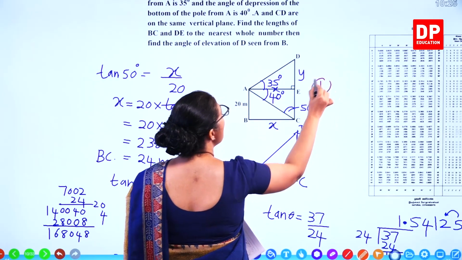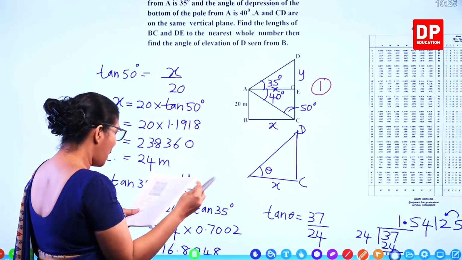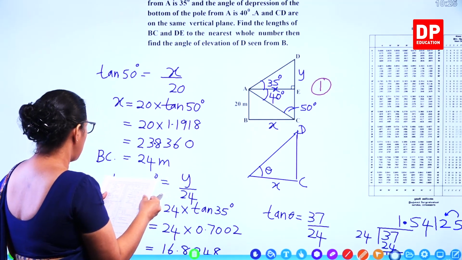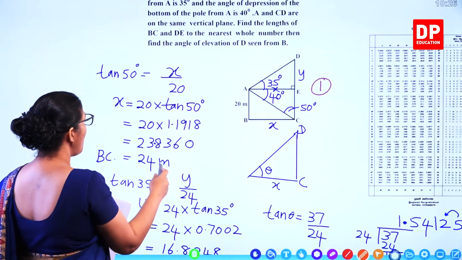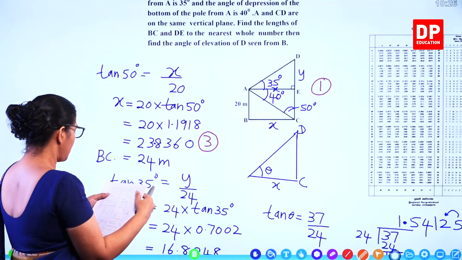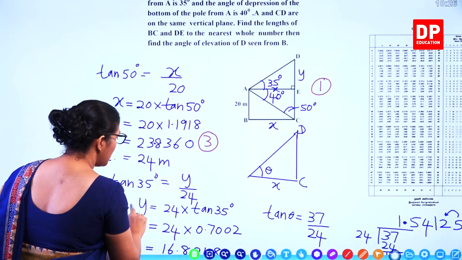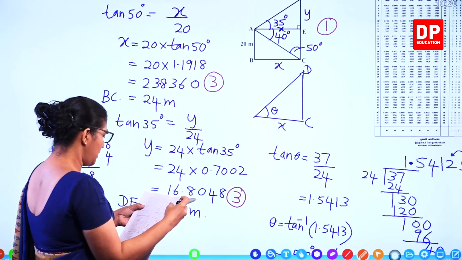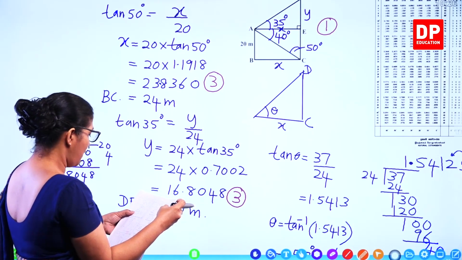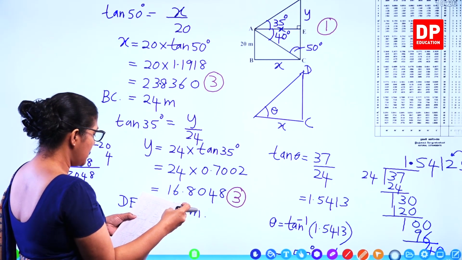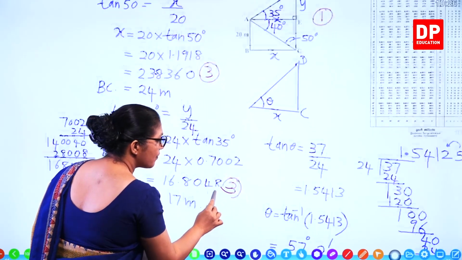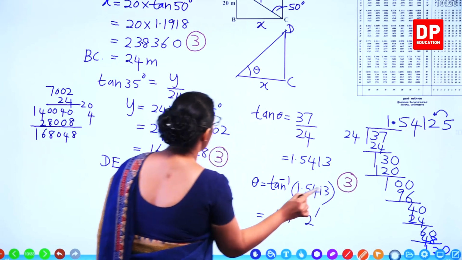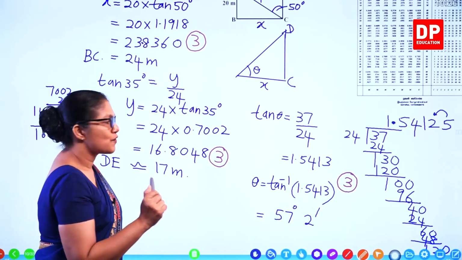And then you get 3 marks for finding 24 meters and 3 marks for finding the y value, that's DE, 17 meters, and the angle of elevation 57 degrees and 2 minutes, another 3 marks. So 9 plus 1, 10 marks for the whole question.